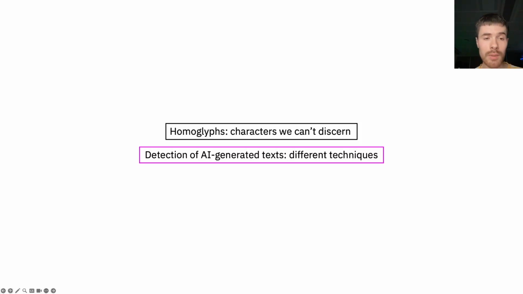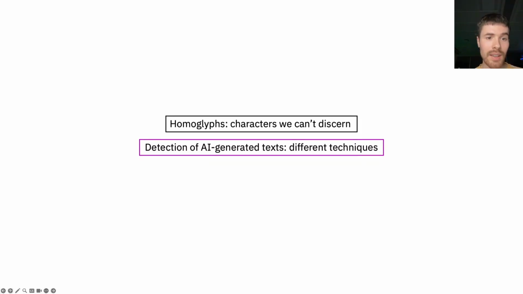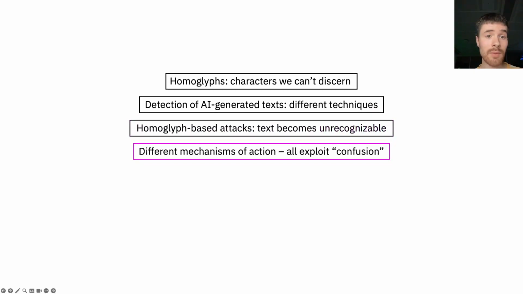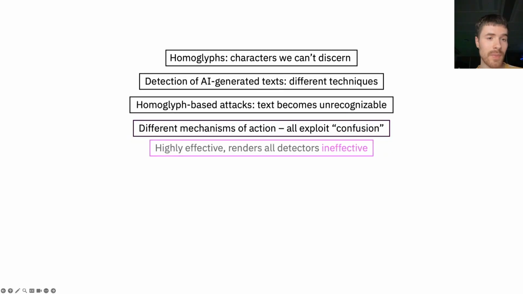How can we know if something has been written by ChatGPT? There are different techniques, but when we apply homoglyph-based attacks, the text just becomes unrecognizable. And if it becomes unrecognizable, we are able to exploit this idea of confusing the system.